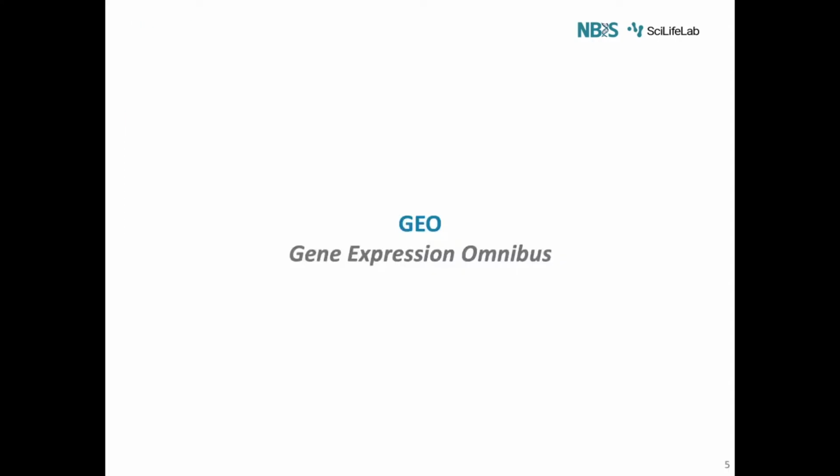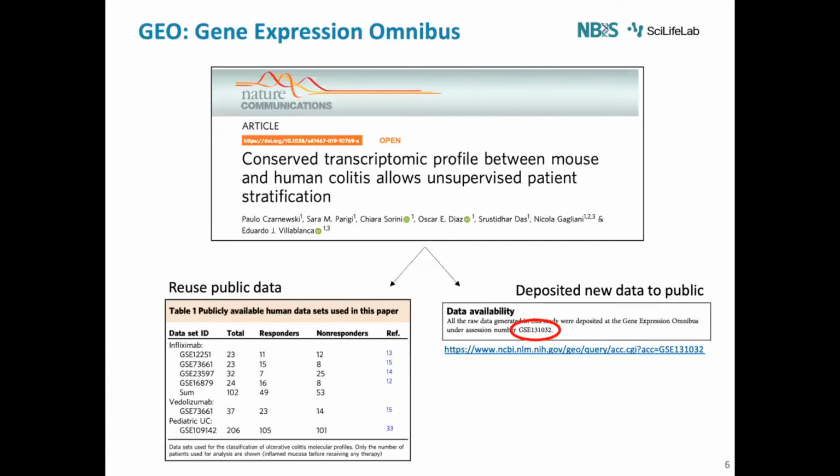Another one, and this is one of the most known repositories, is the GEO, so Gene Expression Omnibus. And that one comes from the NIH in the US. So it's a repository that is in the US. So if you have, for example, a paper in this one, we can reuse public data that is deposited there. So for example, in here, we're using many data sets, and they are named with the GSE tag and then a number.